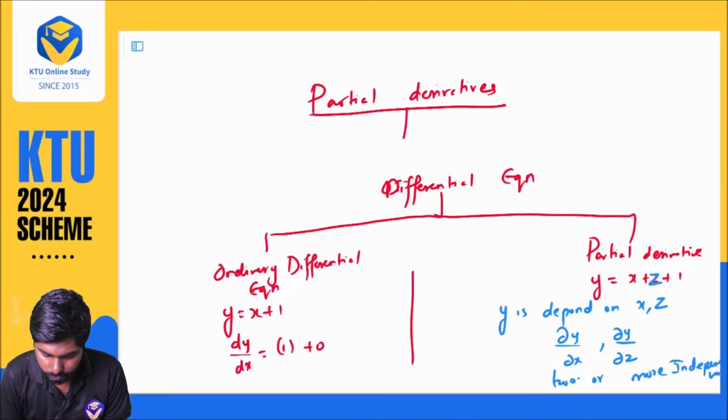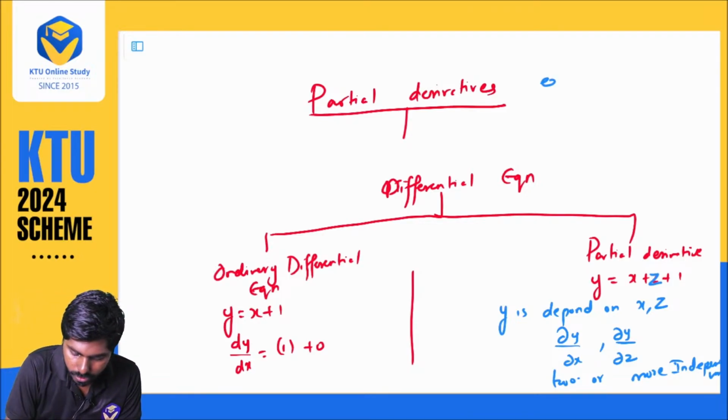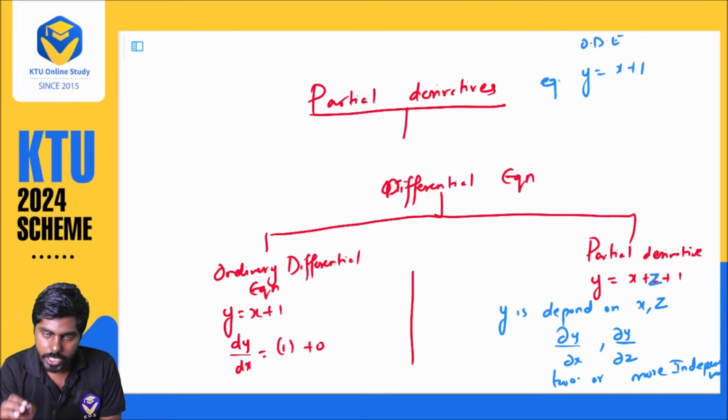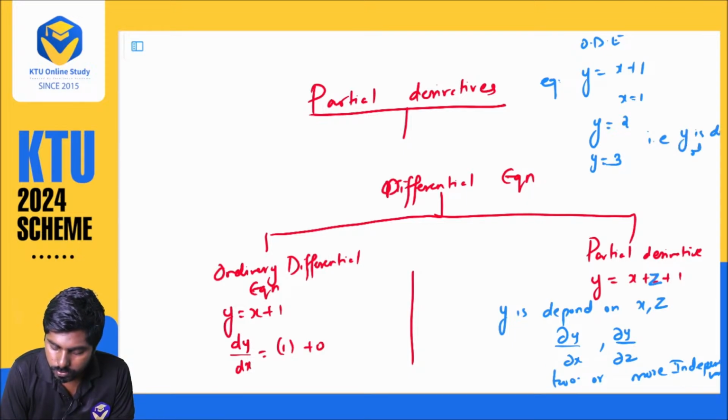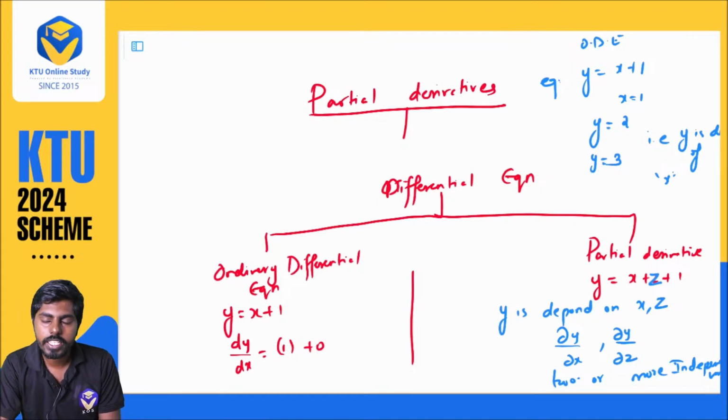Here, for example, y is equal to x plus 1 is the ordinary differential equation. If I write x is equal to 1, what is the y value? Y will become 2. And if x is equal to 2, y will become 3. That means y is a dependent variable of x. Here x can be any number, 0 or 1 or 2 or 3 or minus 1, any number.